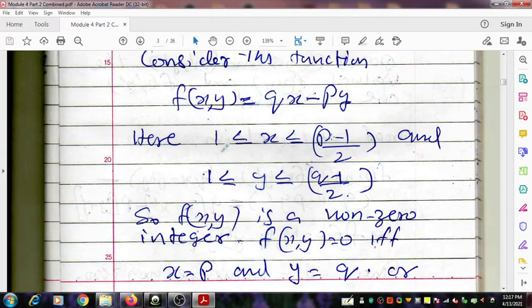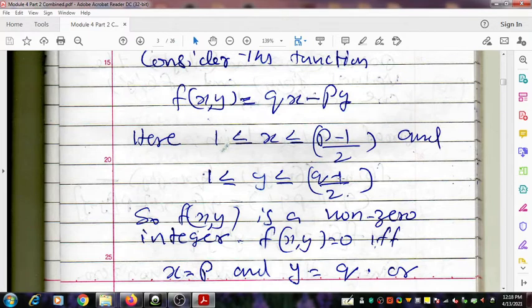Even in that situation, the value of x is far above this upper limit. If x equals 2p, it is far above the upper limit. Similarly, when y equals 2q, that also is much larger than this limit, so it falls above this upper value.